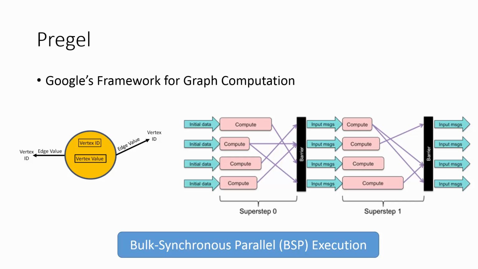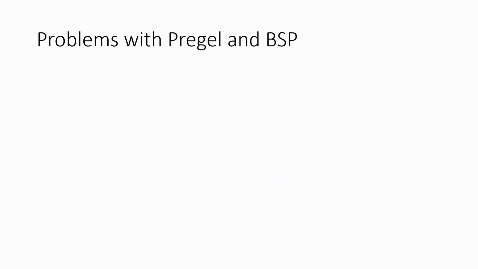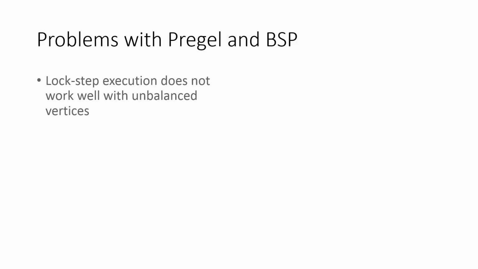One successful computation of all of the vertices in a graph is known as a superstep or iteration. And after the barrier, then messages are passed between all vertices to start the next iteration or superstep, and so on. Now, there are problems, obviously, with Pregel and BSP, some of which are quite apparent right now.